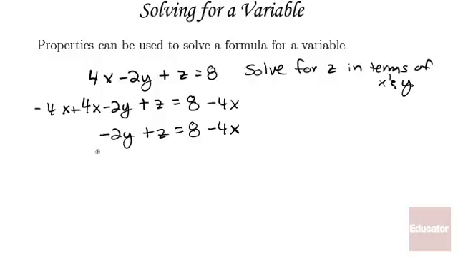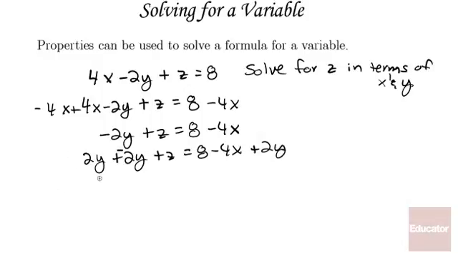Now I need to add 2y to both sides, because I had negative 2y. So then I'm going to add 2y to both sides so that my 2y's cancel out to give me z equals 8 minus 4x plus 2y.